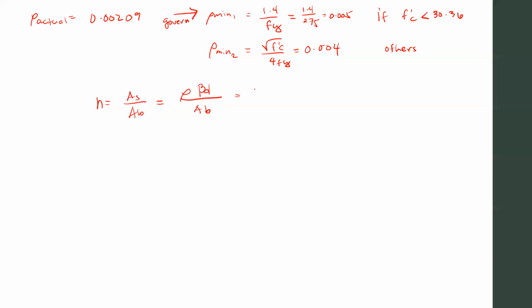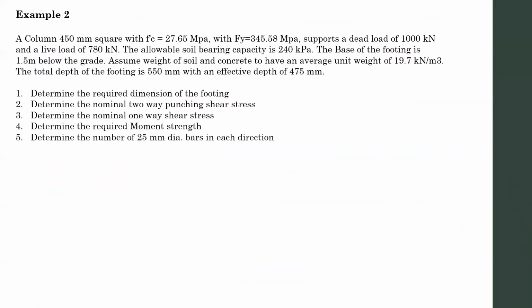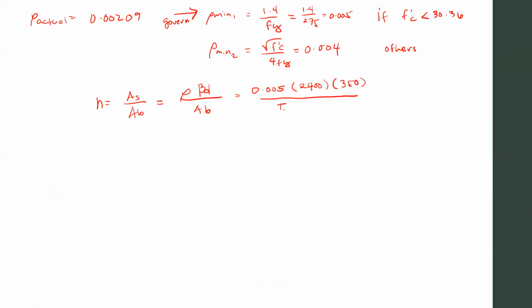Yung rho natin na governing, which is 0.005, multiplied by your B, which is 2,400. Your D, total depth D, 350. Divided to, sabi niya is 20 mm daw. That is pi over 4 times 20 squared.